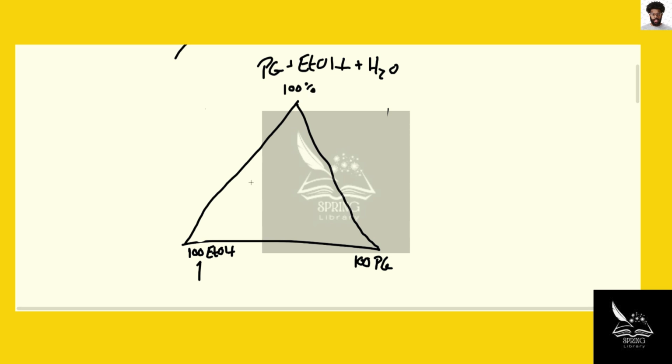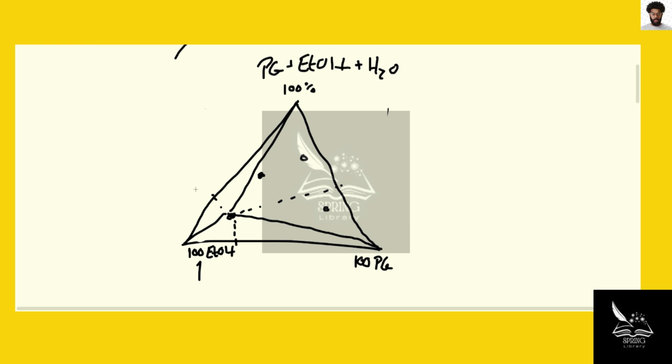And so what you can do is just take random samples from here and figure out what percentage of each solvent you want to use.